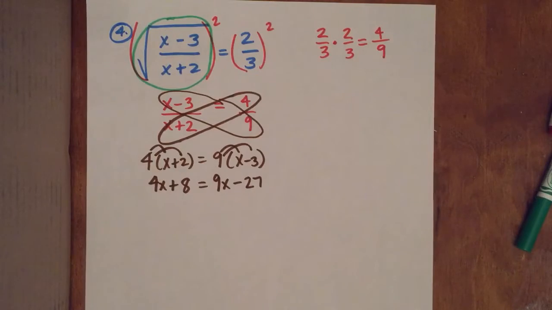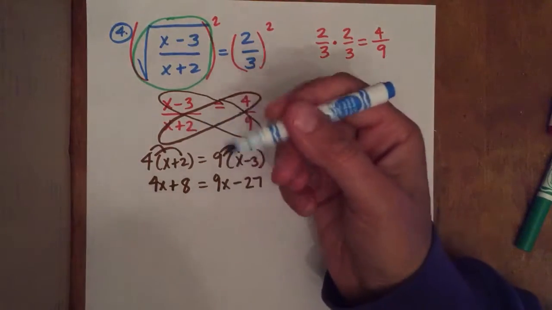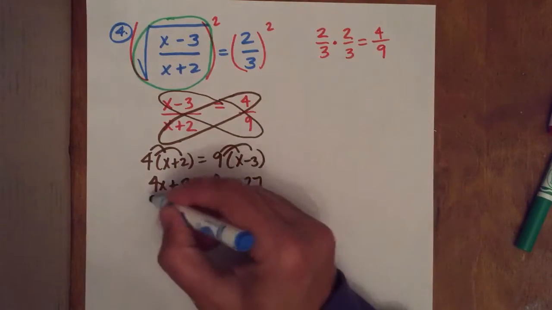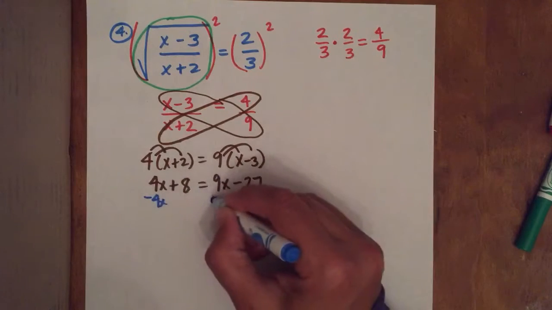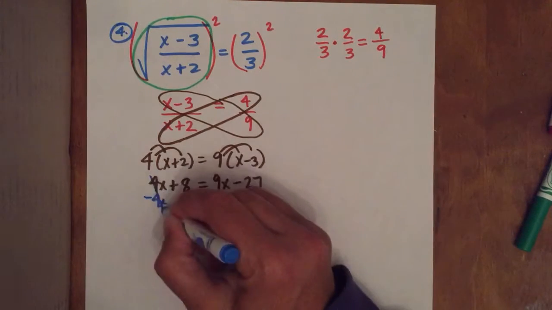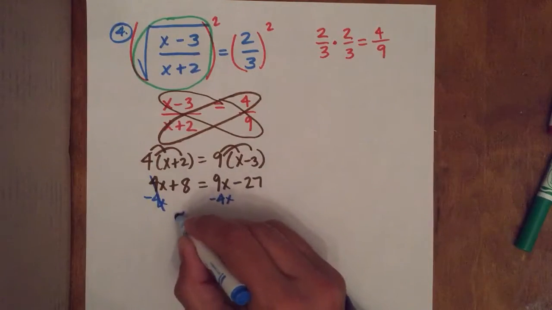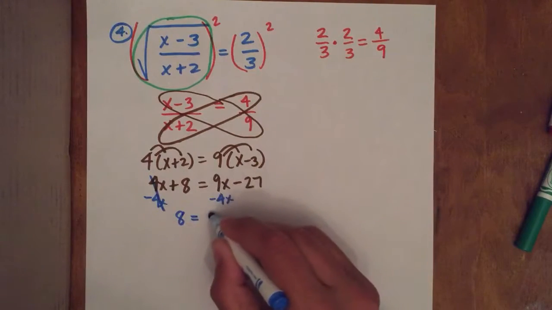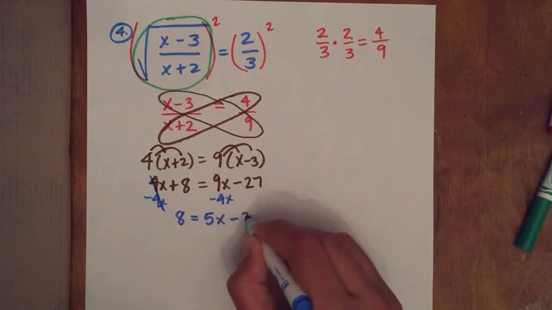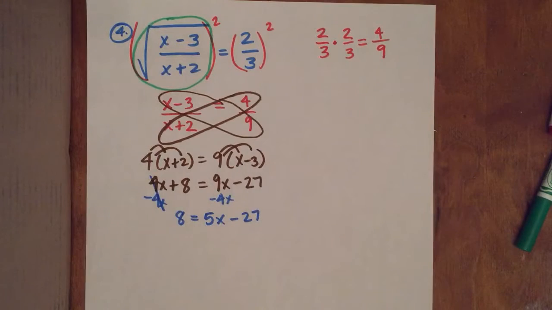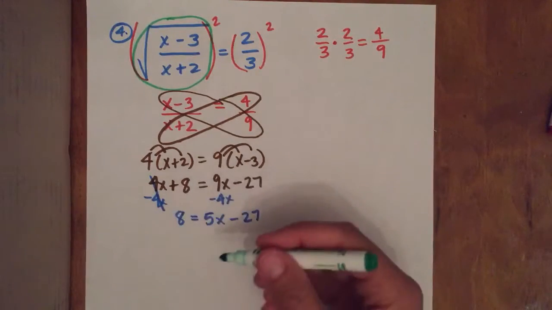So I'm going to get all the variables, first of all, on one side. And to keep it positive, I'm going to take the 4x and move it over to meet the 9x. So that'll leave me with 8 on this side. 9x minus 4x is 5x minus 27 on that side. Now I'm going to move the constants over.